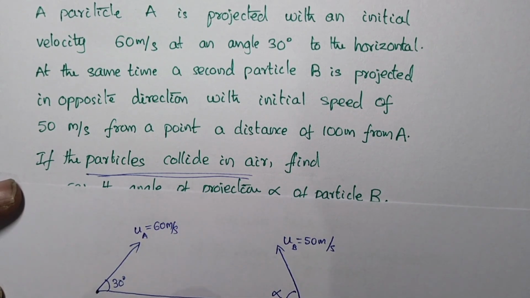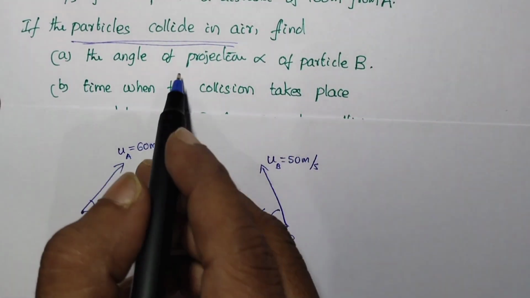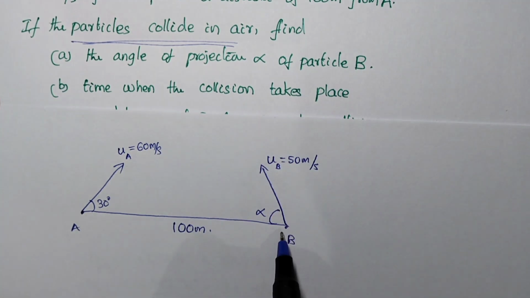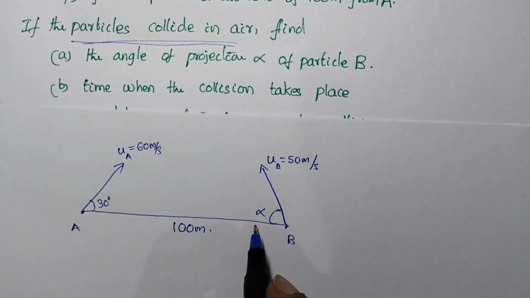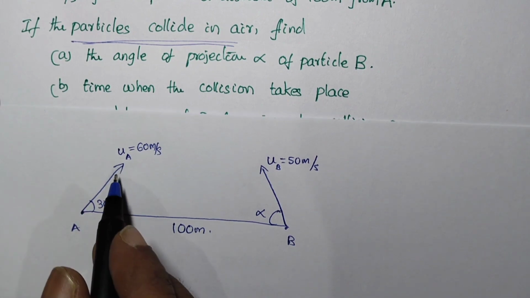The distance between these two particles is 100 meters. So here the problem is asking for the angle of projection alpha of particle B. Before solving this, let us write the horizontal and vertical projections.